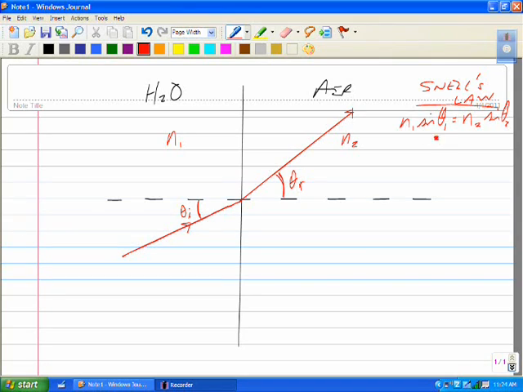But I show you this to make the point that as the incident angle increases, what happens to the refracted angle? It increases also. So, for example, if I have another angle here, with this incident angle, the refracted angle is going to be even larger.